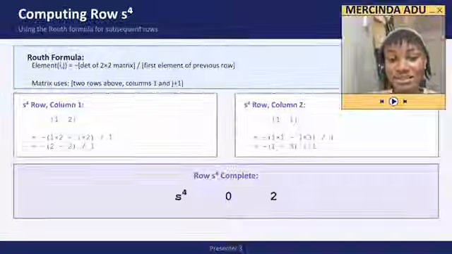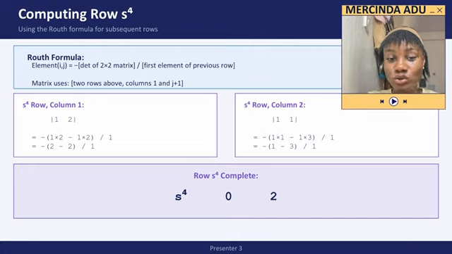The determinant is 1 times 2 minus 1 times 2, which equals 2 minus 2, which equals 0. So we negate this, and the negative of 0 is still 0.